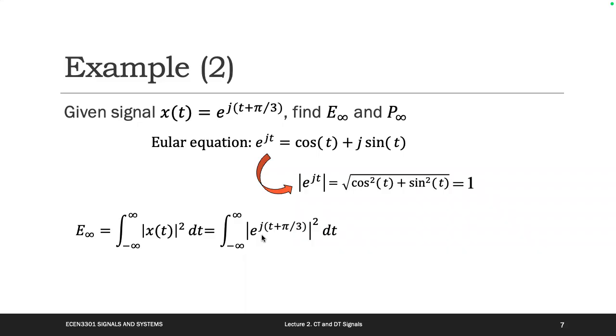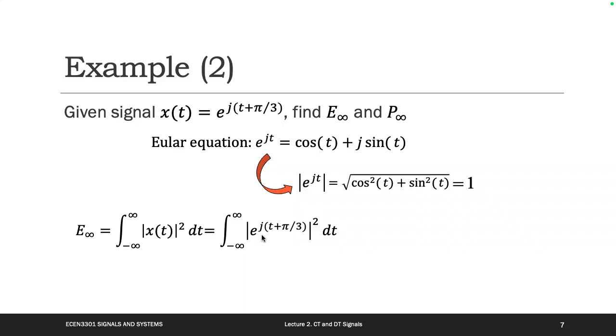And this one you are familiar with. And then we replace: e^(j(t plus pi over 3)) equals cosine (t plus pi over 3) plus j sin (t plus pi over 3). Am I right? We can write this one equal this one.